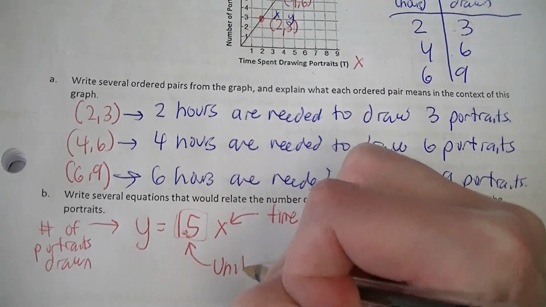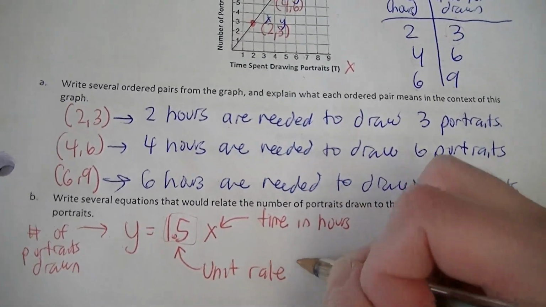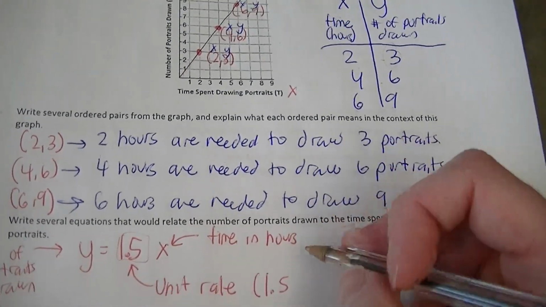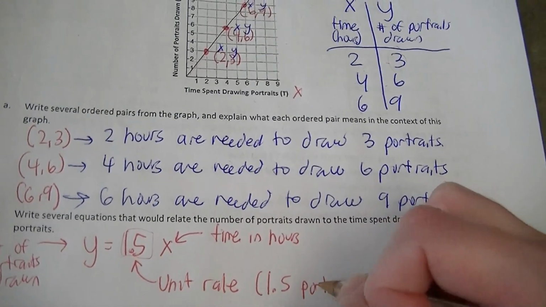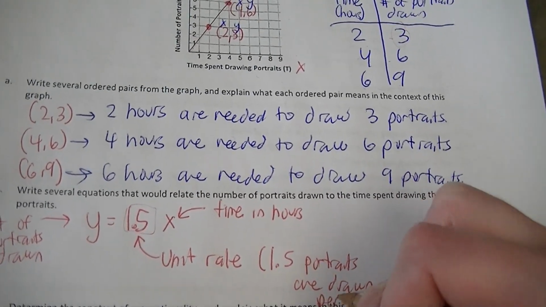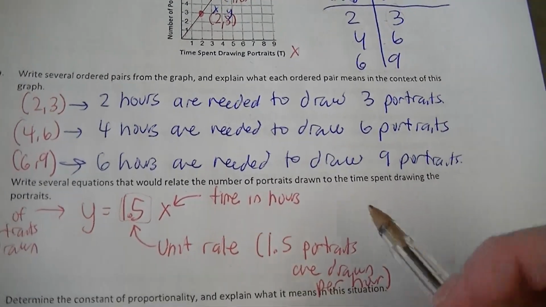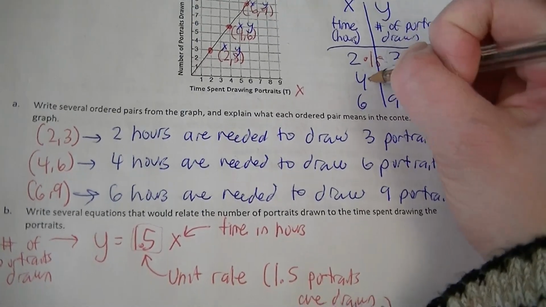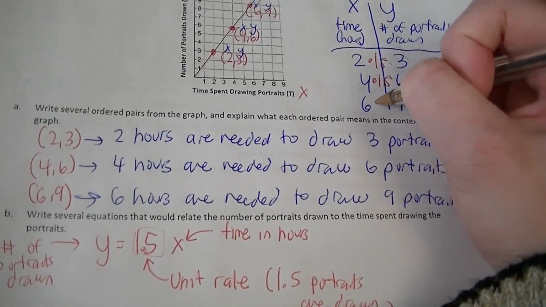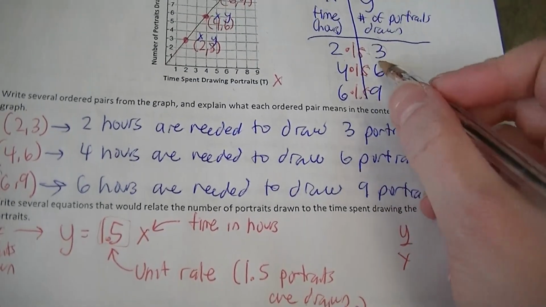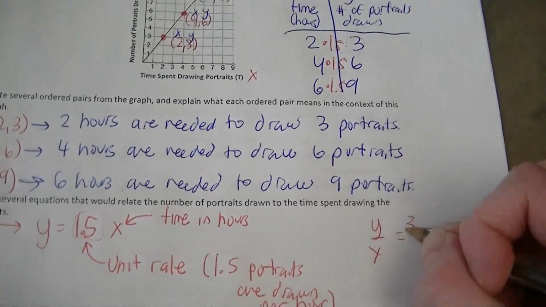And what that means is 1.5 portraits are drawn per hour. Okay, and if that was a little bit confusing for you, you can also find the unit rate like this. y divided by x, then pick one, 3 divided by 2, and label it right away.